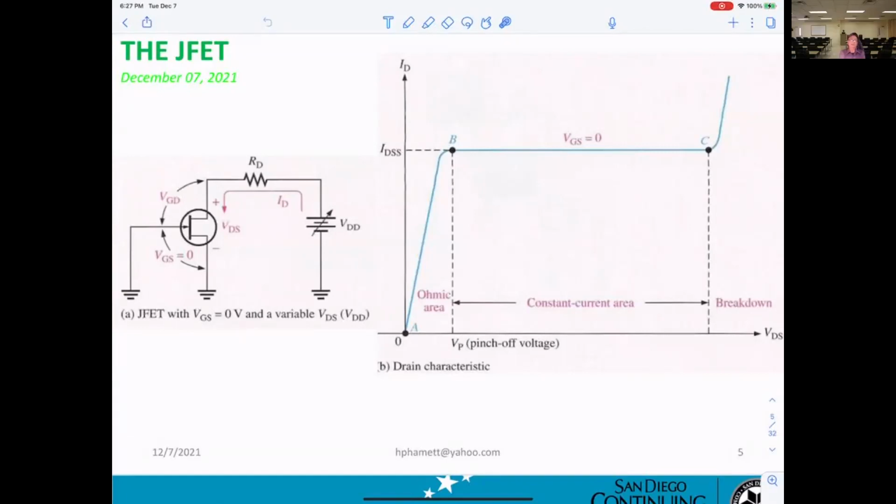That is the maximum current with VGS equals 0. So whenever VGS equals 0 and you get the maximum current, that's what I call IDSS. However, you cannot calculate IDSS. The manufacturer gives it to you for the JFET.